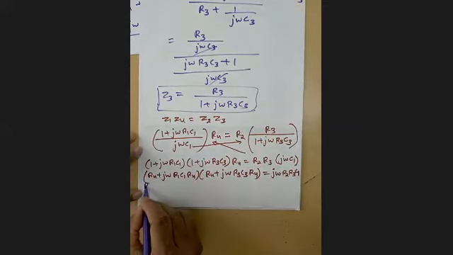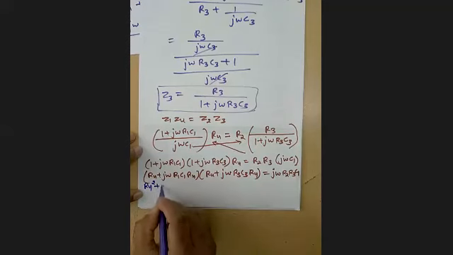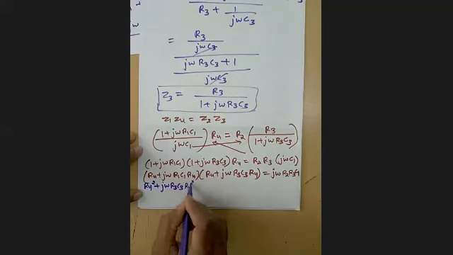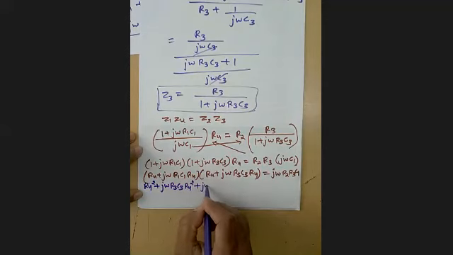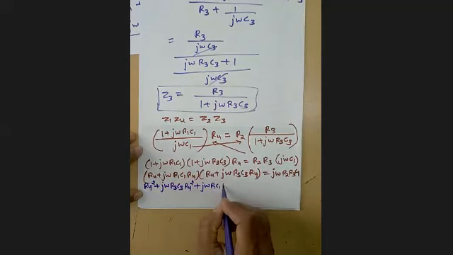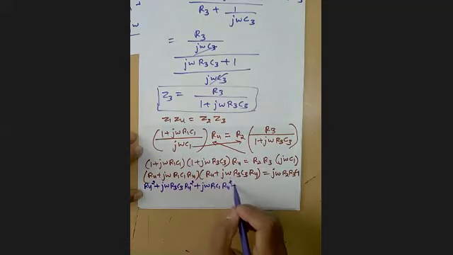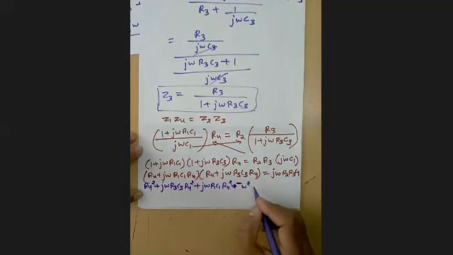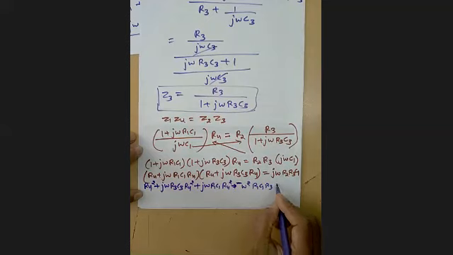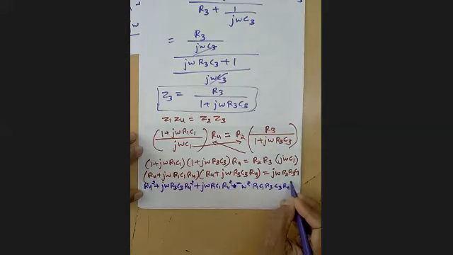So R4 square plus j omega R3 C3 R4 square plus j omega R1 C1 R4 square plus j square, which is minus, so here minus will come, omega square R1 C1 R3 C3 R4 square.